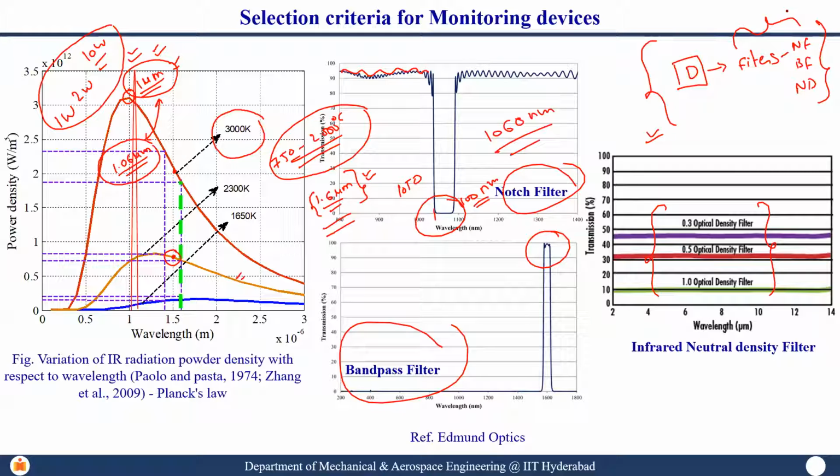So the first step in real-time monitoring is selection of detector. It can be a pyrometer, it can be a thermal imaging camera. Then selecting the wavelength at which you want your detector to work, then selecting the filters to block the radiation, then controlling the intensity by using the neutral density filters. So this is the first step in real-time monitoring.